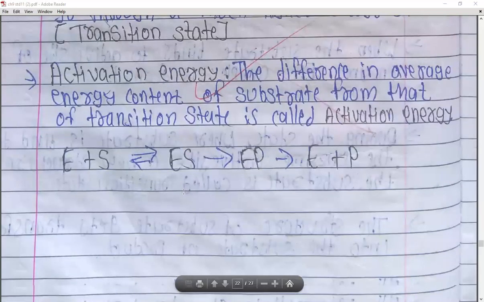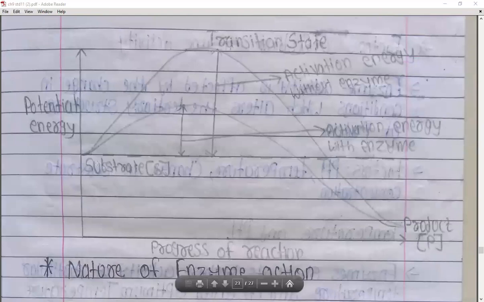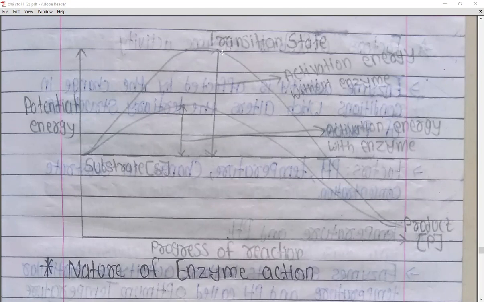Next, this is the graph which is shown. This is the potential energy. Now this is the substrate, that means how much substrate you are using here, how much energy, this much energy is being used to reach this stage. This is known as the activation energy.